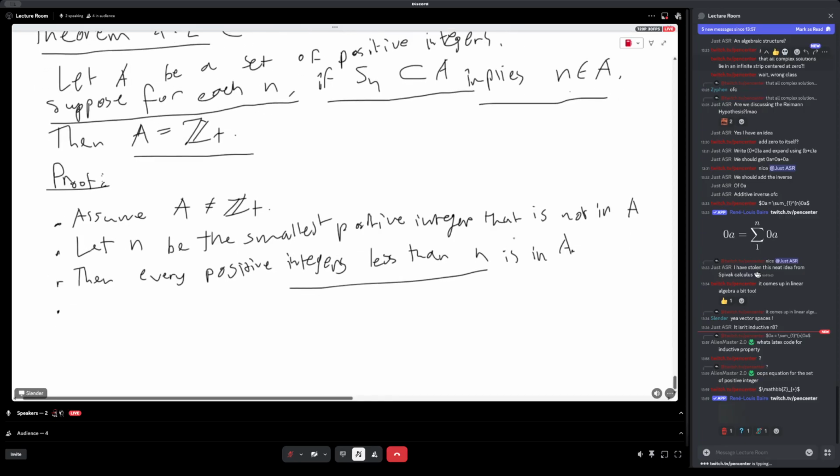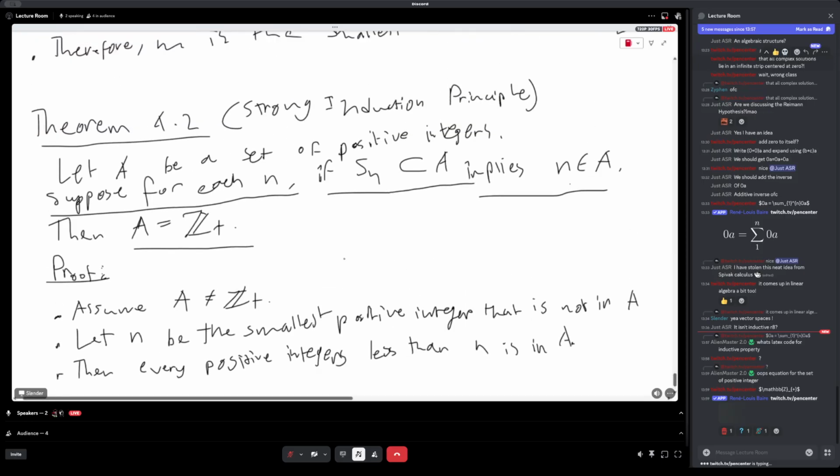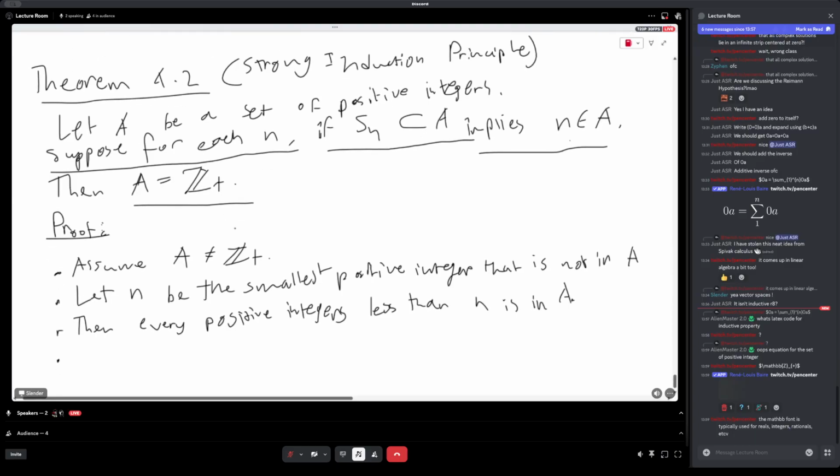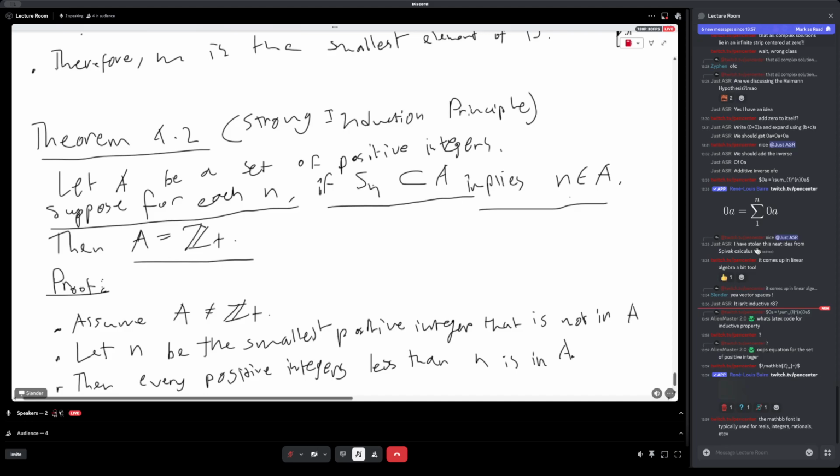So n is in A. Integers that are less than n are in A, but it contradicts the fact that if Sn is contained in A, this implies n is in A. So this contradicts this fact, because Sn means the section of integers, all integers that are less than n.